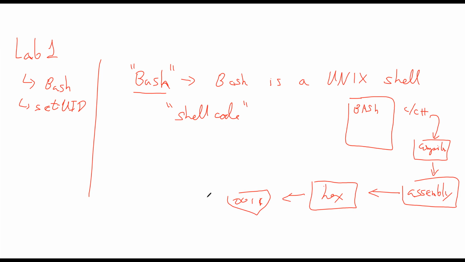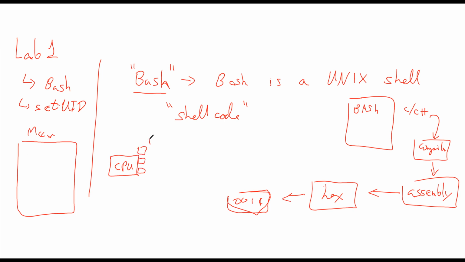Make sense? So on a computer, you have memory. So this is memory. And then you have the CPU. The CPU has little registers. These are called registers. There are like little variables with addresses or data in them.